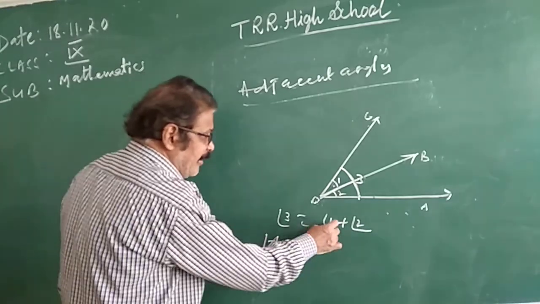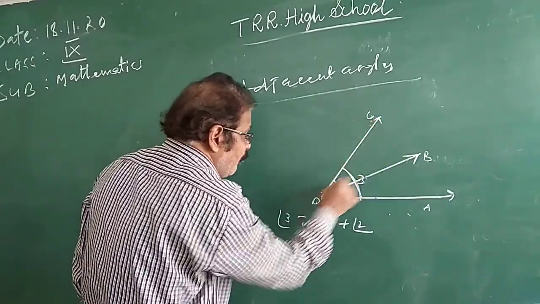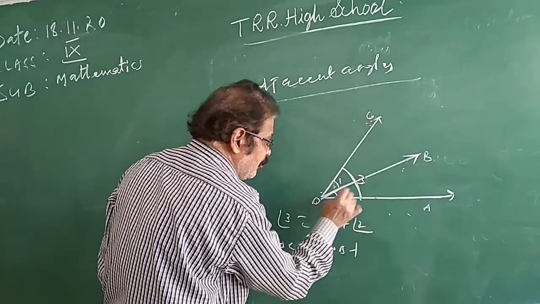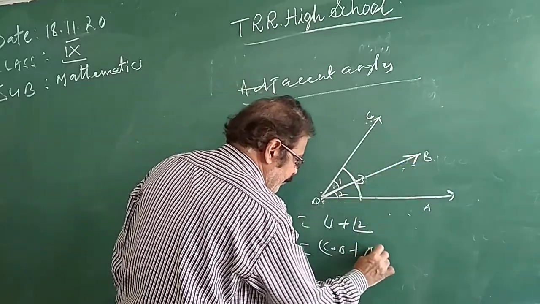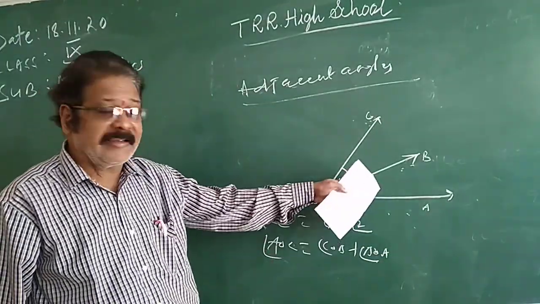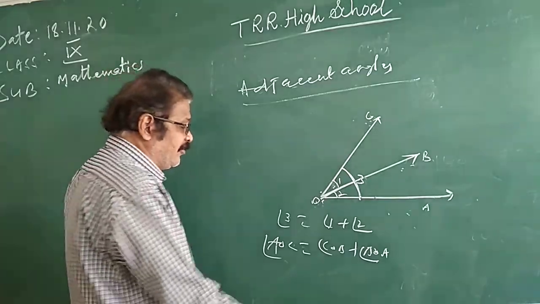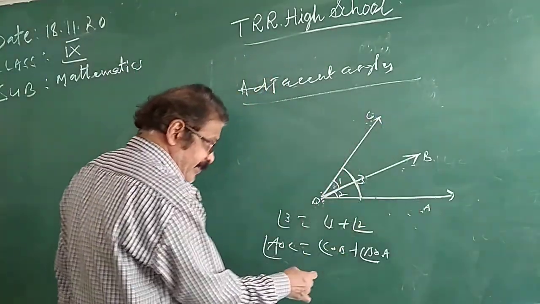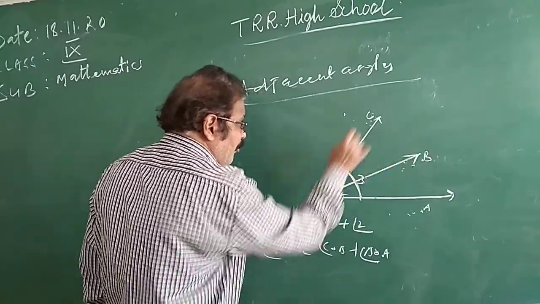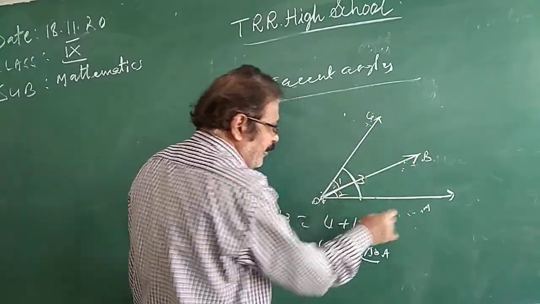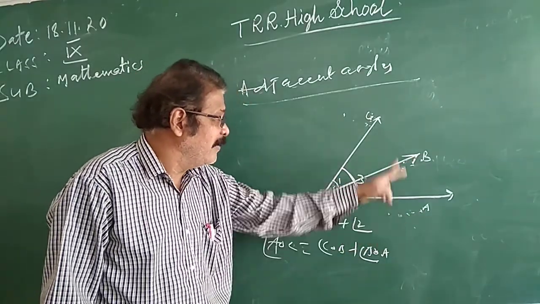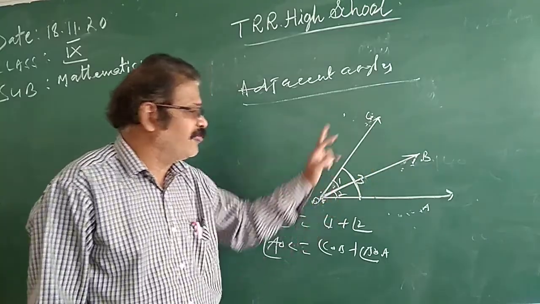Angle 1 is COB, angle 2 is BOA. So, the sum of angle 1 and angle 2 gives angle 3. Angle 3 is the whole angle. So, angle AOC is equal to AOB plus BOC.